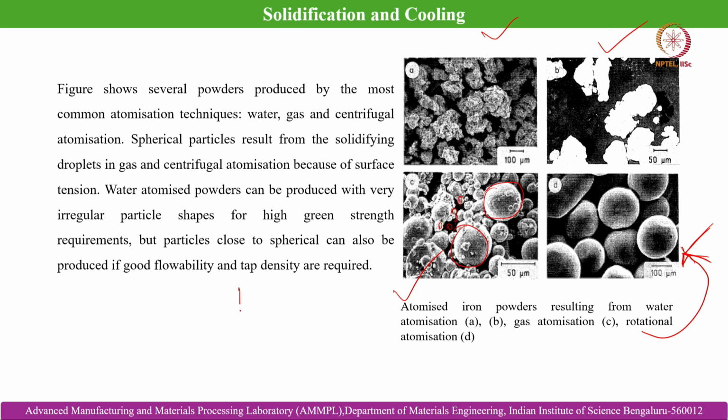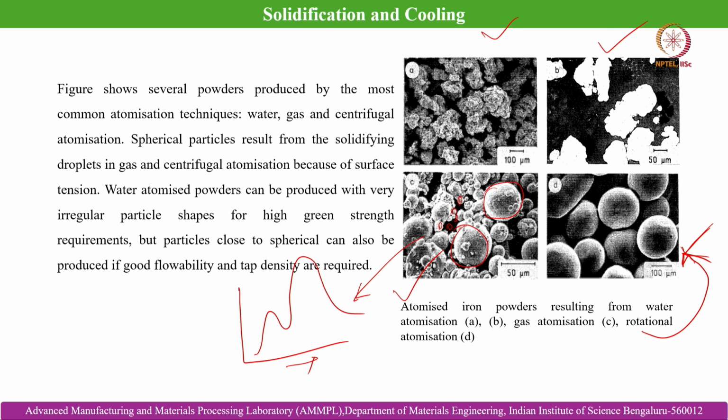If you recall the distribution from earlier, particle size and frequency, it is mostly like this, and that can cause variation in green density if we use this kind of powder, and in turn variation in sinter density after sintering, and it can also cause anisotropy in properties in the sintered parts.